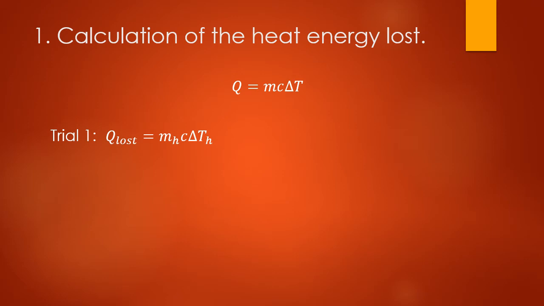So to calculate the heat energy lost, we're going to take the mass of the warm water, that m sub h, data item 6 in your table, multiply it by c, remembering that c is the specific heat, and then multiplying it by the change in temperature.